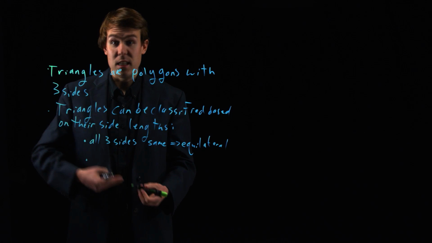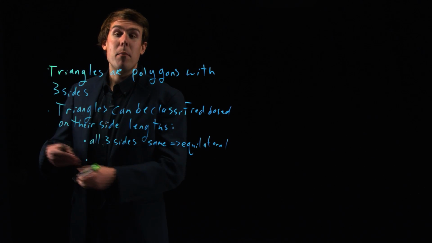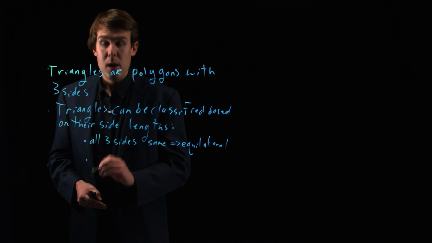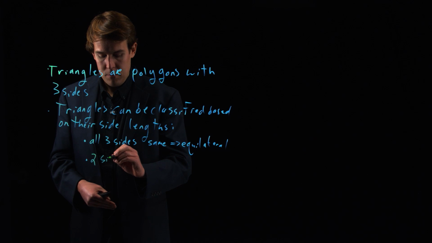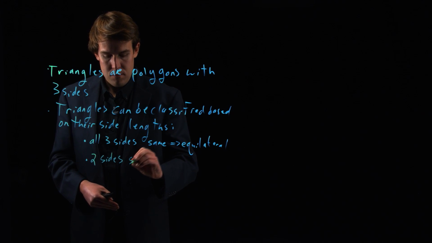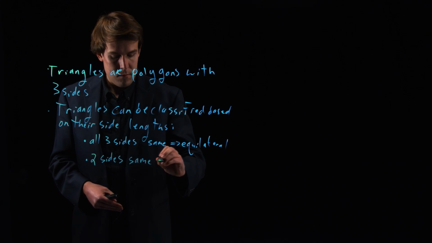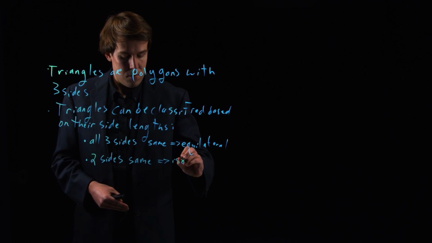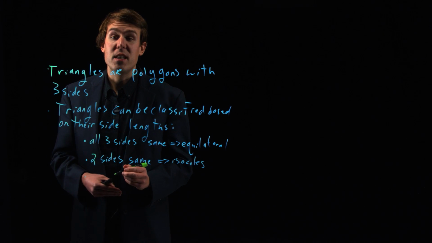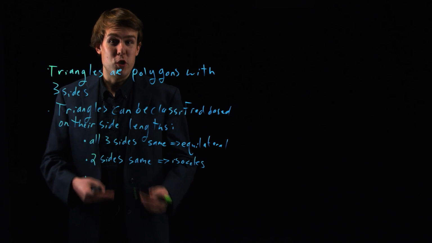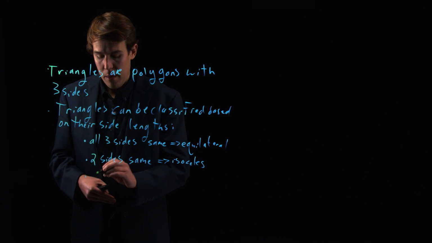The next nicest case is if two of the sides are the same, but one of them is different from the other two. We call this an isosceles triangle. And if all three sides are different, this is somehow the most generic and difficult case to deal with.